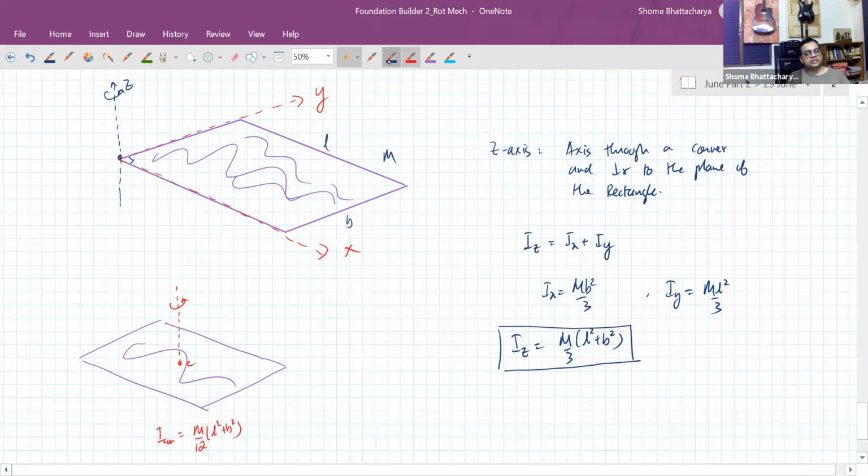So now we are considering this axis passing through this corner, which is P, and the perpendicular distance is half the diagonal. So IP will become ICM plus MD square, where D is this, half the diagonal. So if you apply this also, you'll get the same. So there are two different methods by which you can find this out.